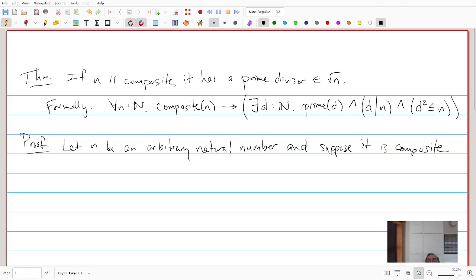This is the normal way of starting a proof of a for all: I'm doing a direct proof, supposing it's composite, and then seeing if we can show that some number exists.